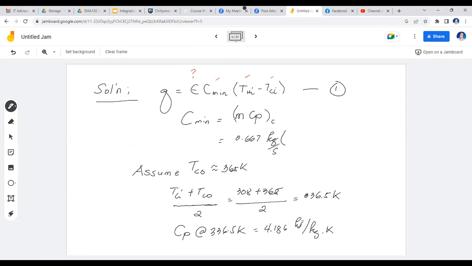We go back here. You multiply this by 4.186. What's the C minimum value? 4.186 multiplied by 0.667. That would be 2.792.